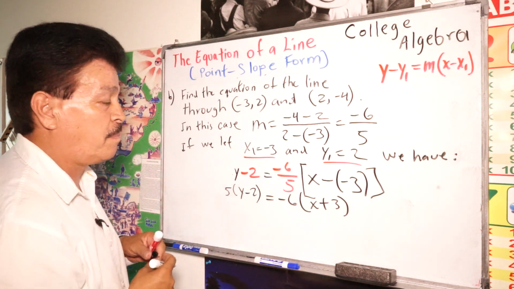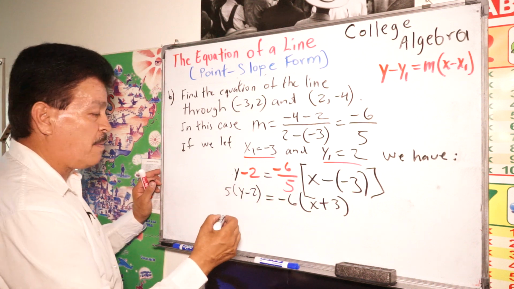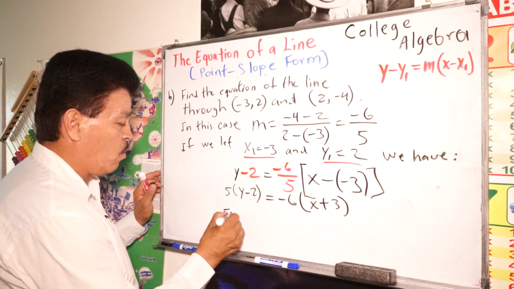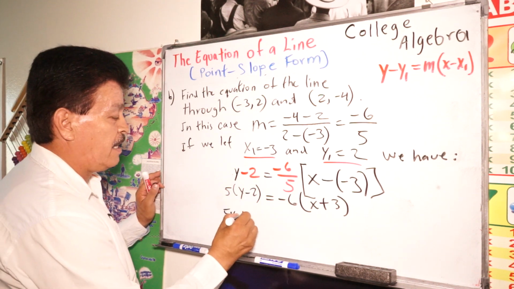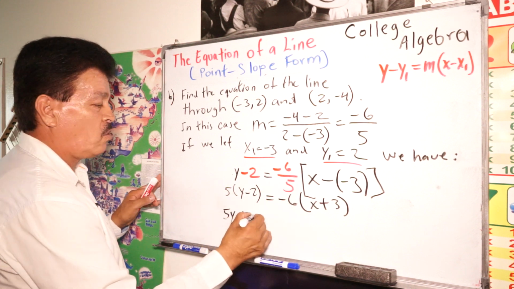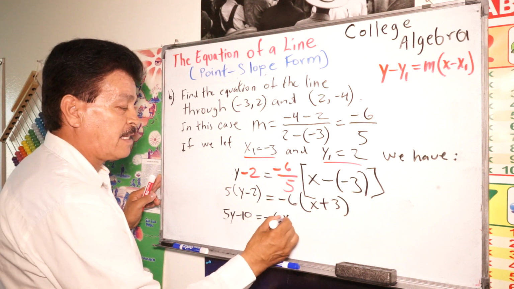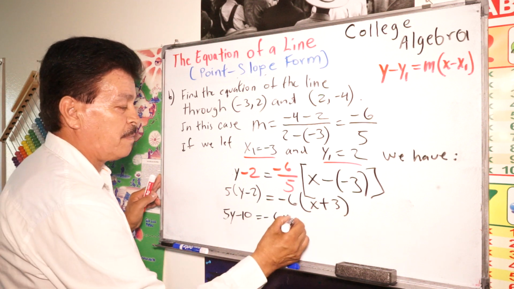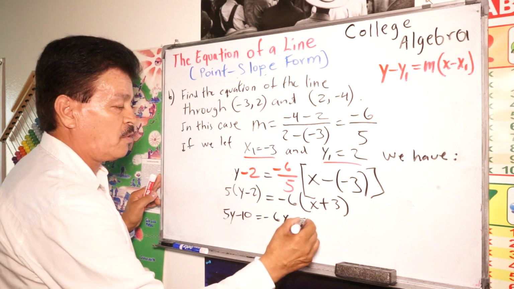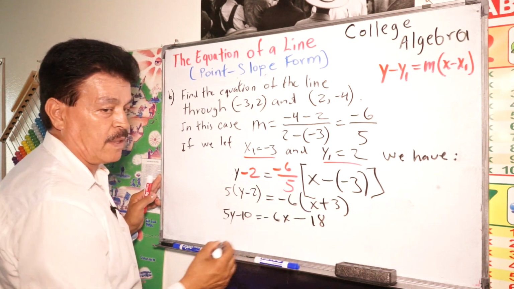So now next step we will have 5y minus 10 equals -6 times x, -6x, and -6 times 3, -18.